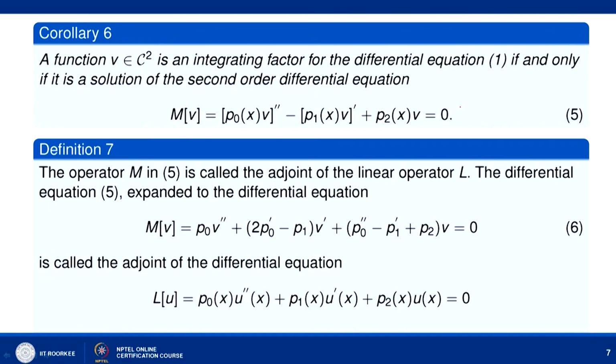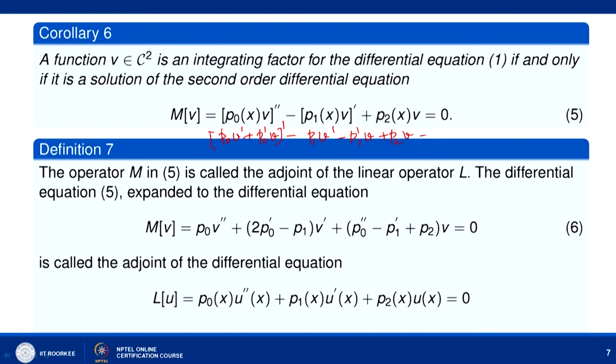Now if you simplify this, we can get a relation like this. We can get this as p0 v dash, plus p0 dash v, whole derivative, minus p1 v dash minus p1 dash v plus p2 v.